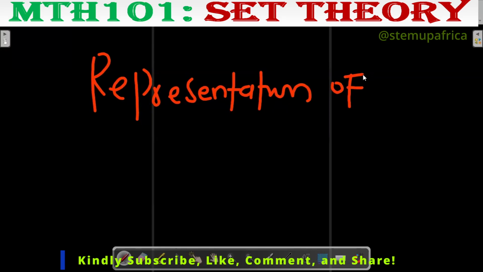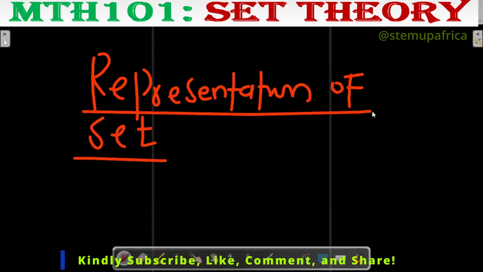Sets are usually represented in capital letter. That's how you represent sets. If I want to say a set of spoon, I'll represent it with a capital letter.